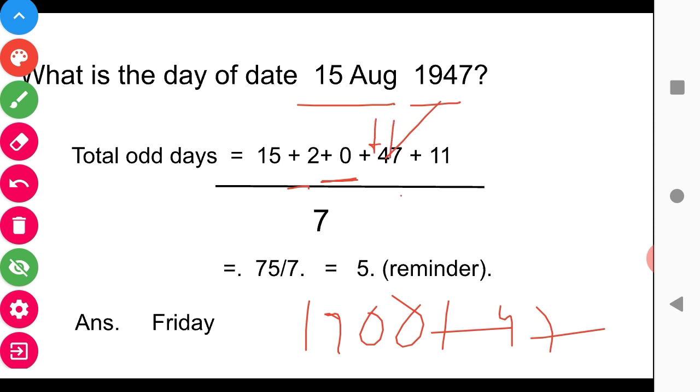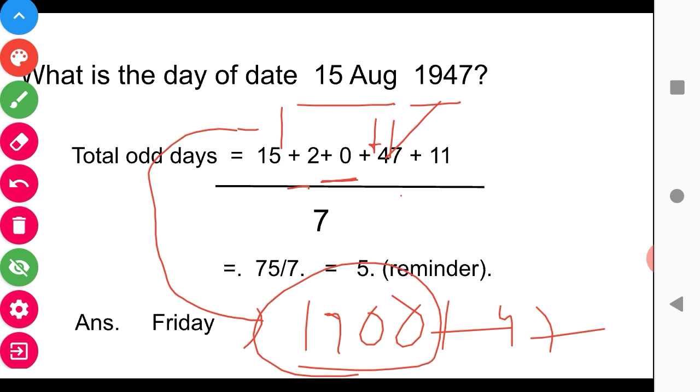So to balance the equation, we have to subtract 1, minus 1 in the equation.